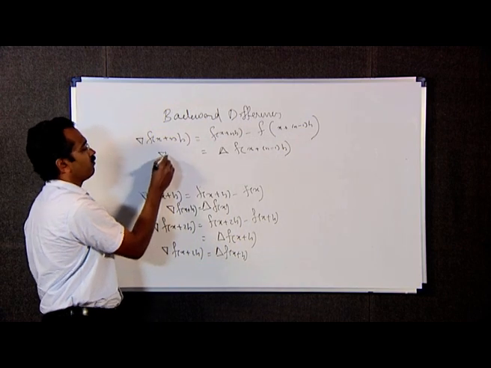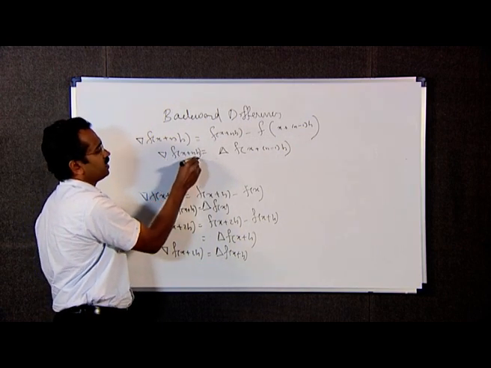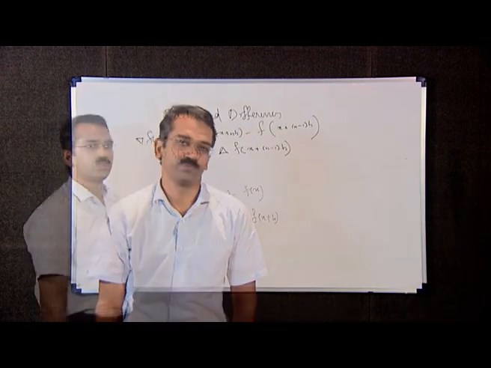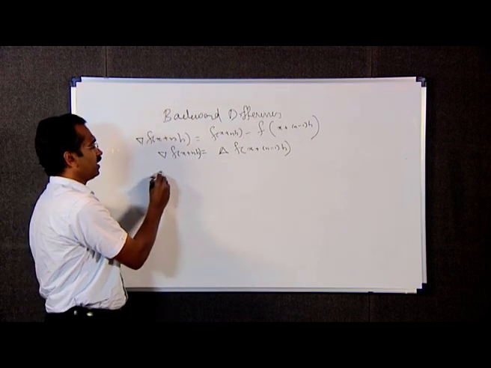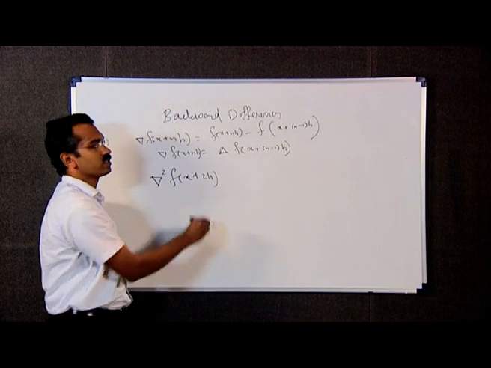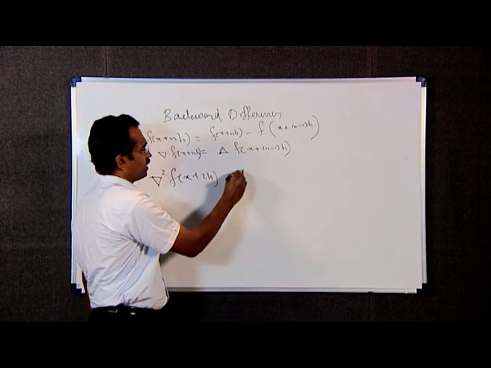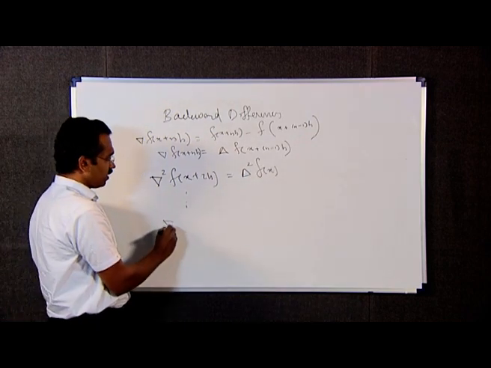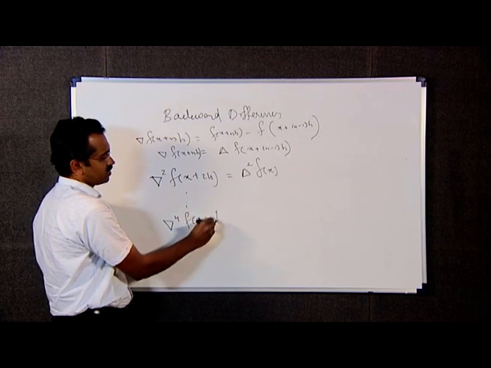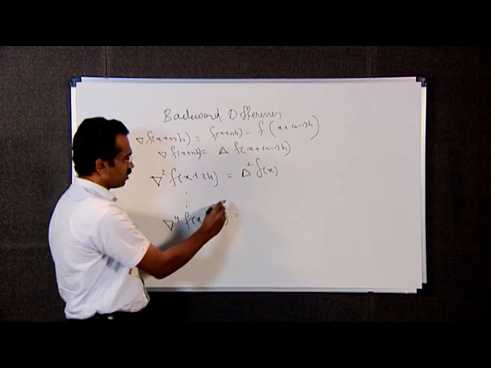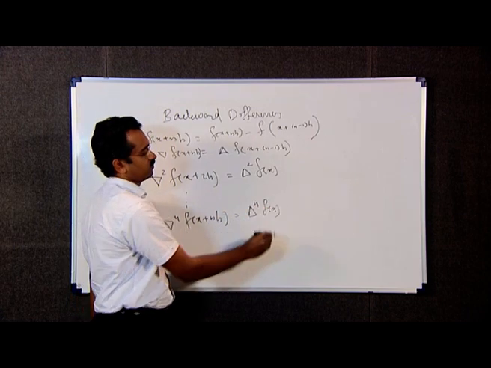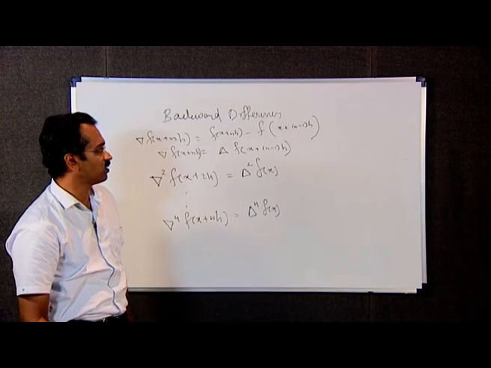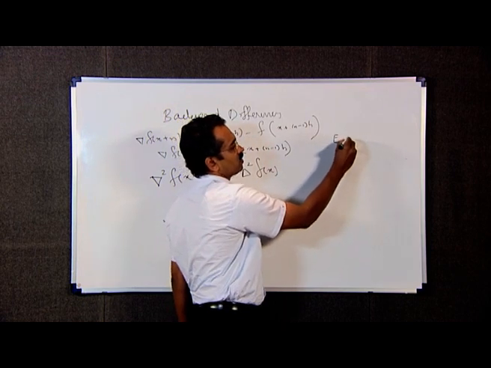That is, del f of x plus nh is same as delta of f of x plus n minus 1 h. Similarly, we can write del square f of x plus 2h is equal to delta square f of x. In general, del raised to n f of x plus nh is equal to delta raised to n f of x.